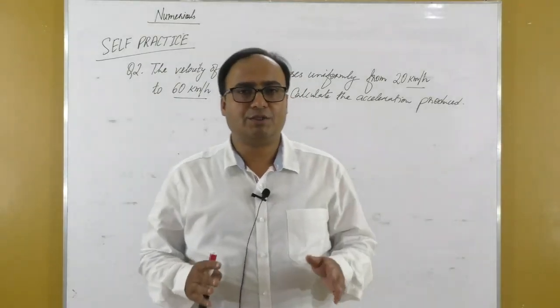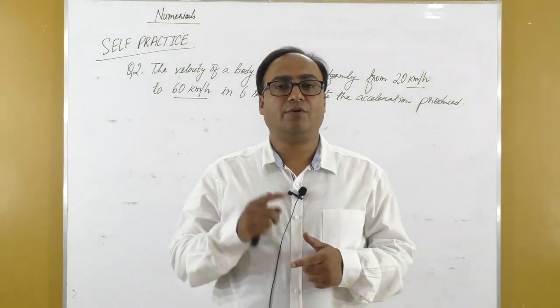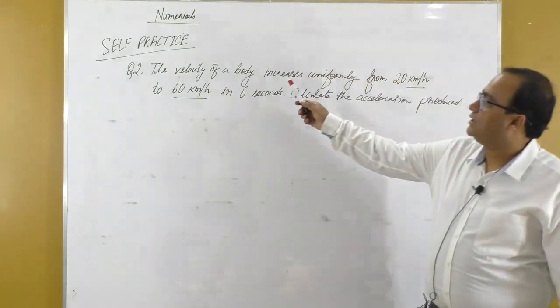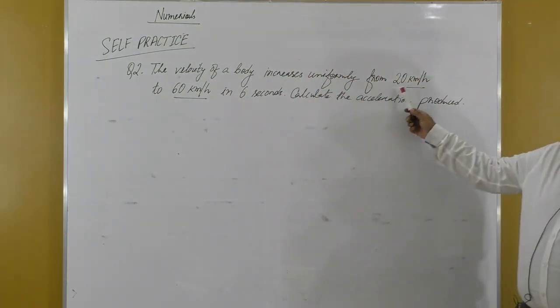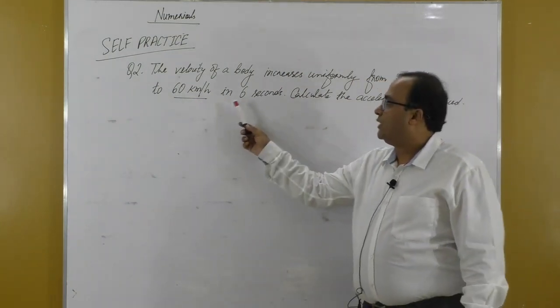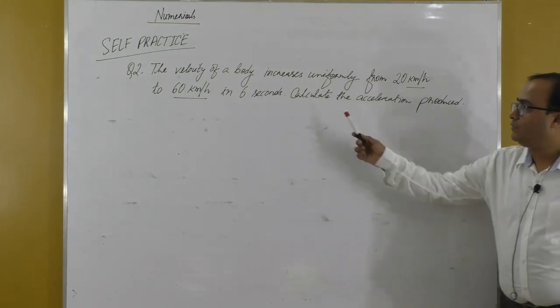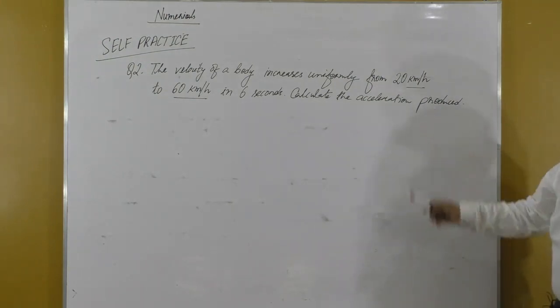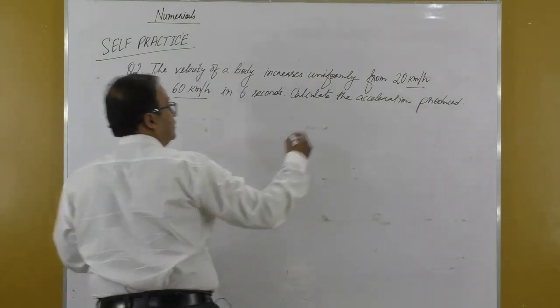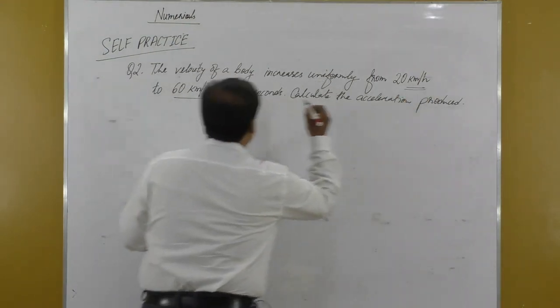Now question number 2. Question number 2 is for your self-practice. The velocity of a body increases uniformly from 20 km per hour to 60 km per hour in 6 seconds. And you are asked to calculate the acceleration produced. While solving this numerical, you have to consider the units.